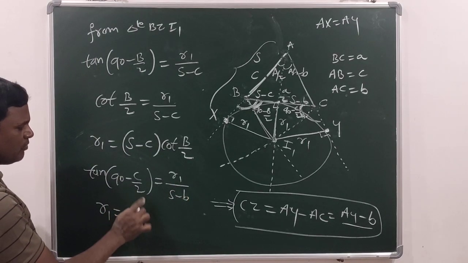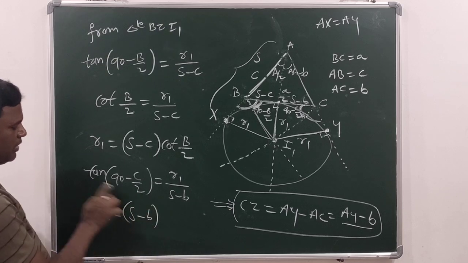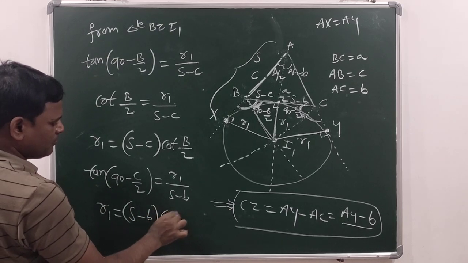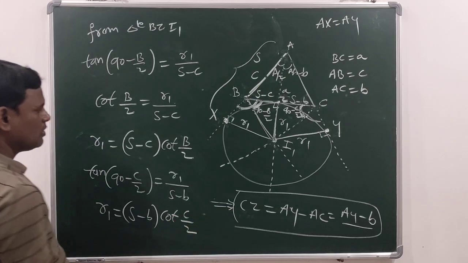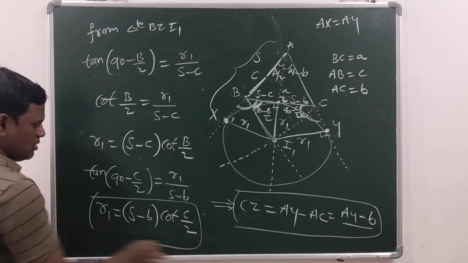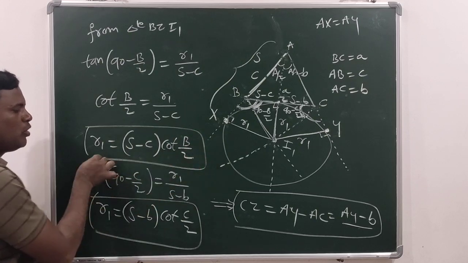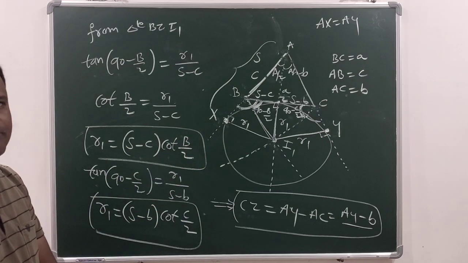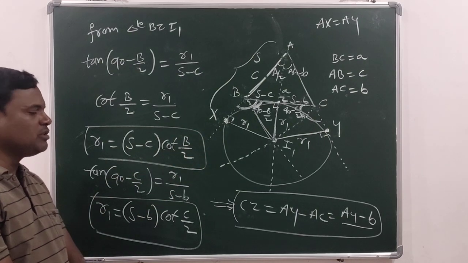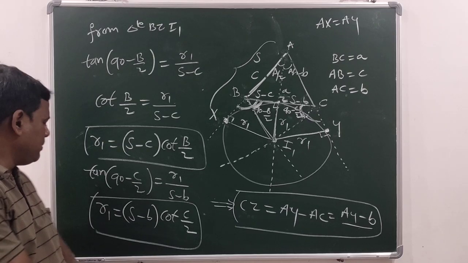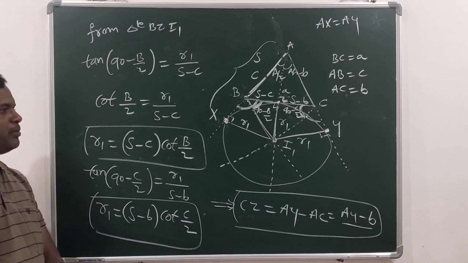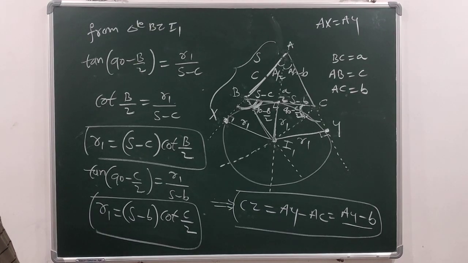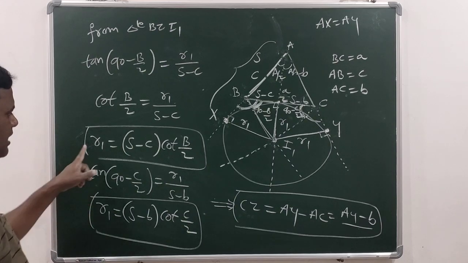R1 is equal to S minus B into tan 90 minus theta, cot C by 2. These are two more relations for R1. Now R1 is equal to S minus C cot B by 2. Here R1 equals S minus B cot C by 2. Right. Now can I erase these two?